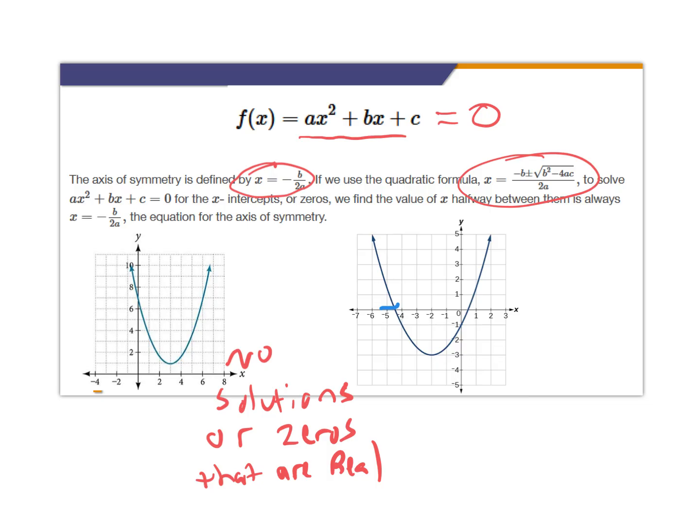That's important because it does have solutions, but they won't be real. And the y-intercept is really easy, but we're not asking for that right now. It's up there. But we do want to know what the vertex is. So I'm going to erase my work there because I need more room.